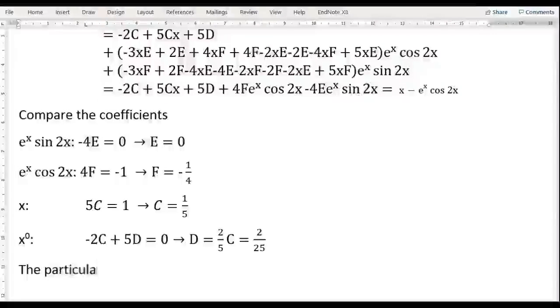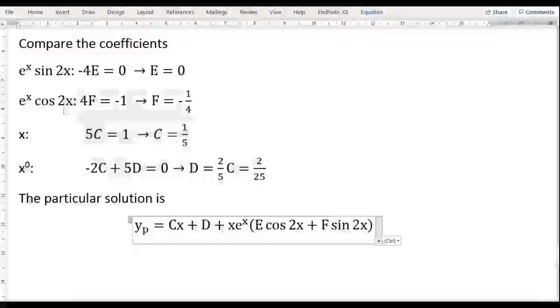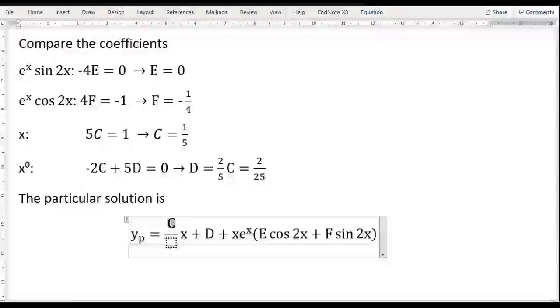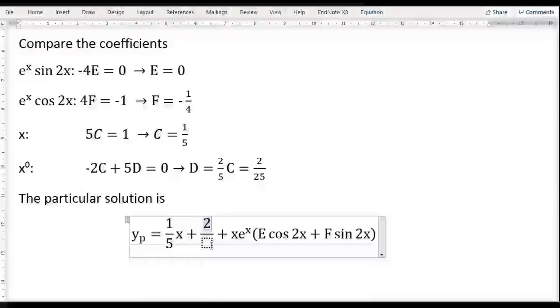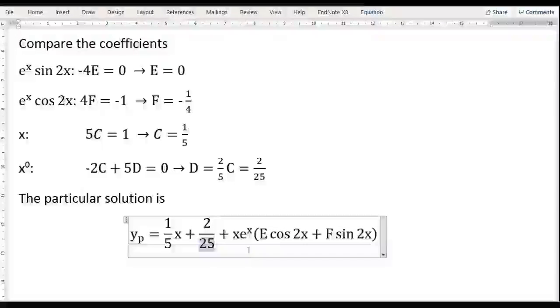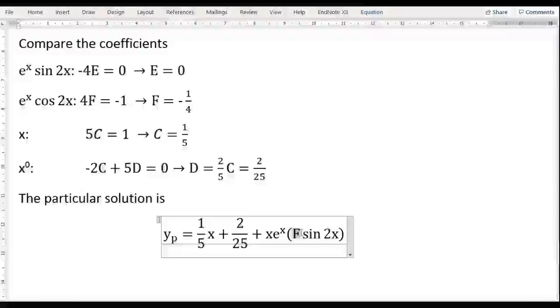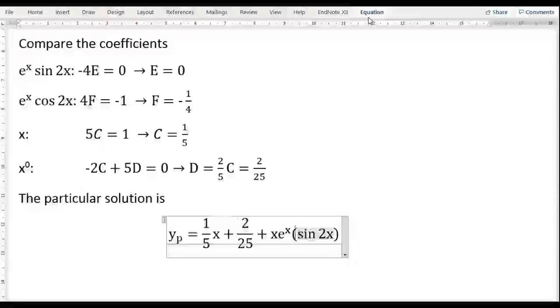Therefore, the particular solution is, so we're going to replace c with 1 over 5. Okay, and then we have d is equivalent to 2 over 25, and we have e is equivalent to 0, so this one we remove. So f is minus 1 over 4.